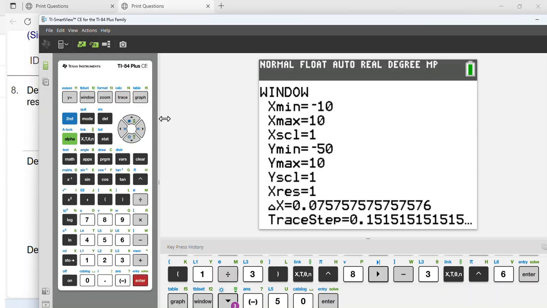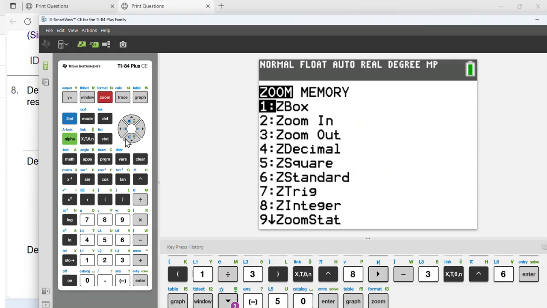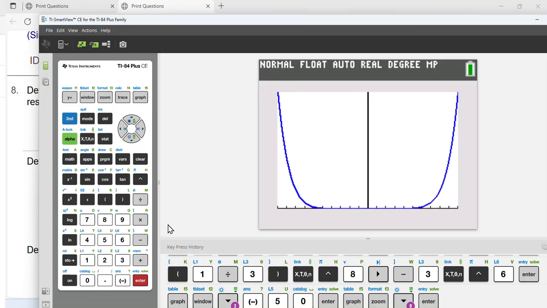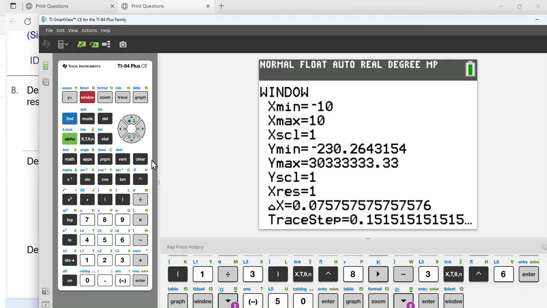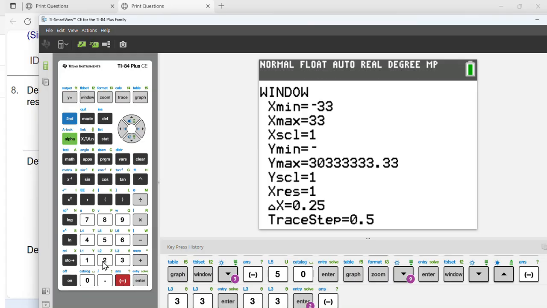You can see this one symmetric, this one symmetric. Let me go ahead and zoom a little bit. All right, so now you can see a little bit better.